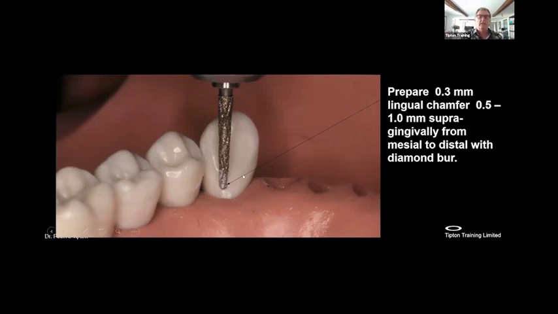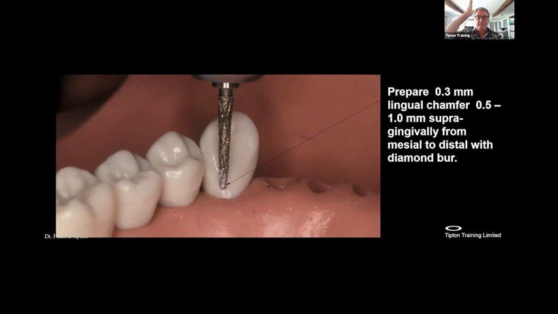Straight away, you see that if you're going to take your burr into this area, you're now in an undercut area. So this is where guide planes also have to come into place. We have to make sure that we've got good guide planes, which means we have to take the convexity of the mesial surface away.